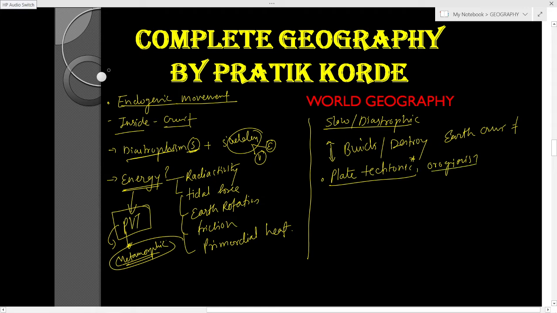Orogenesis, orogenesis means what? Mountain building process. Which forces? Compression and tension. The next is this particular part, they are basically contributing moving, elevating, subducting, moving, elevating, and subducting Earth's crust.